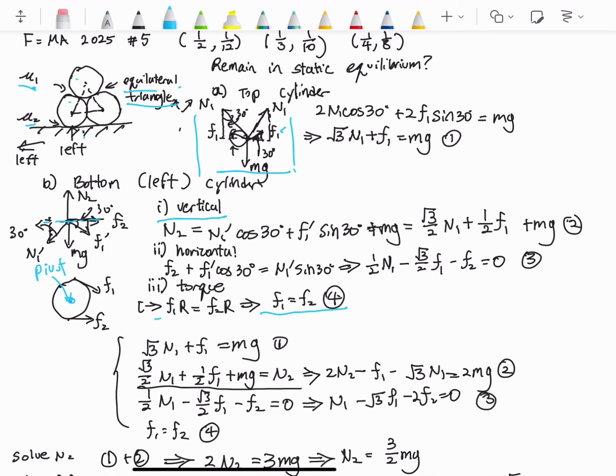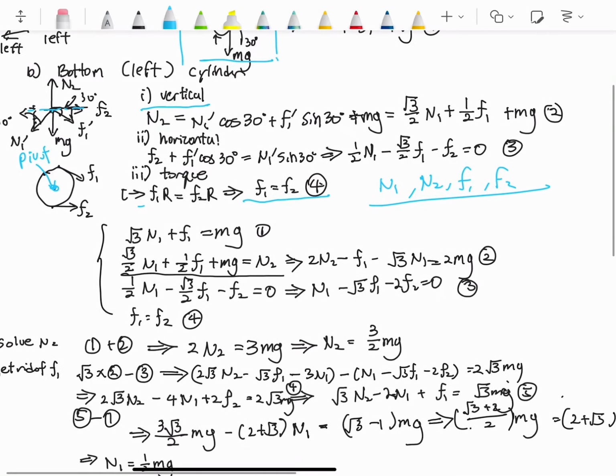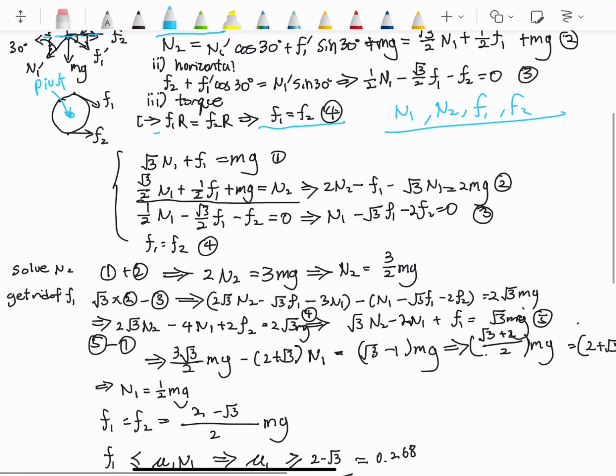So now we have 4 equations and 4 unknowns that we need to solve for: N1, N2, F1, and F2. We can just solve a system of equations, shown here.